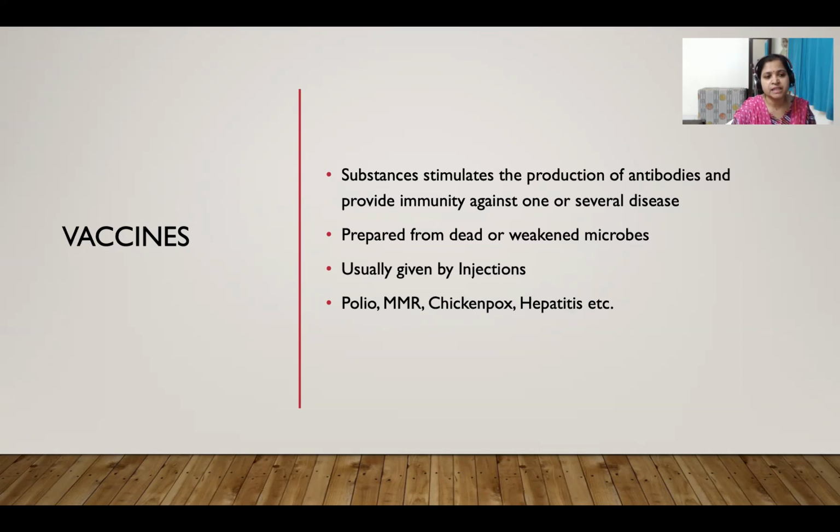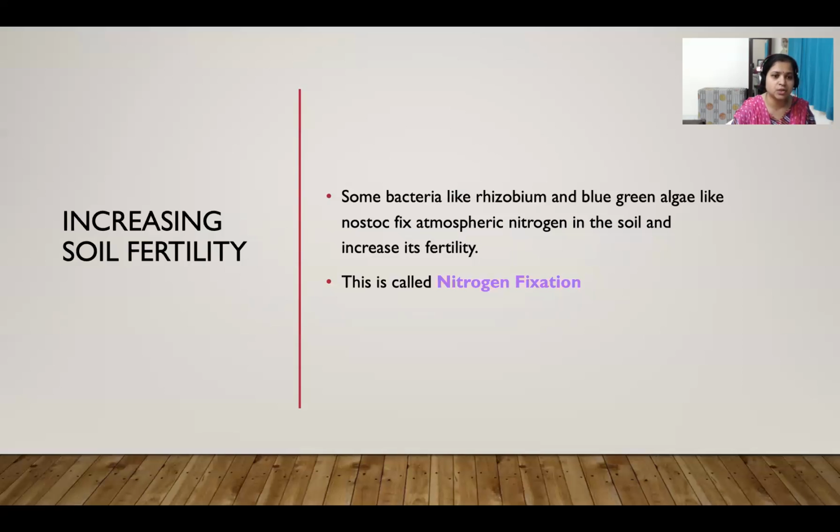Okay, next comes how they increase the soil fertility. Some of the bacteria, for example rhizobium, generally stay in the root nodules of leguminous plants. And some of the blue green algae, for example nostoc, anabaena, oscillatoria, they trap the atmospheric nitrogen and fix it in the soil so that they can increase the soil fertility, and this process is known as nitrogen fixation.